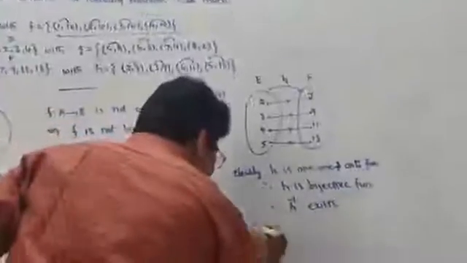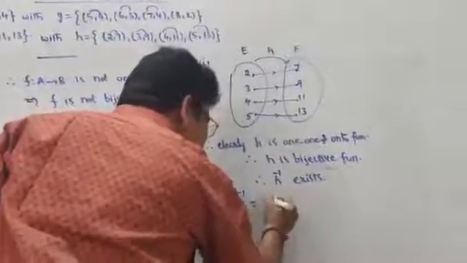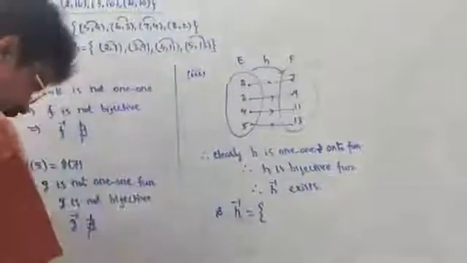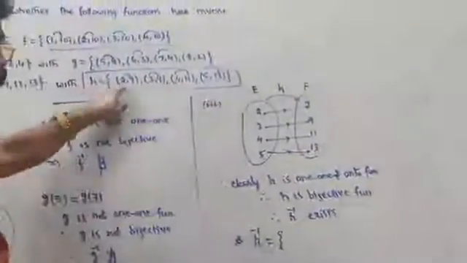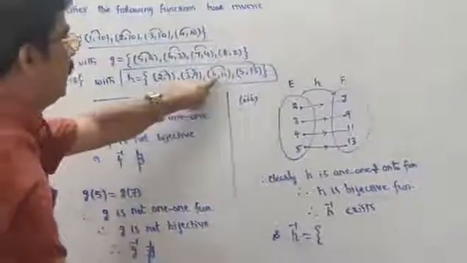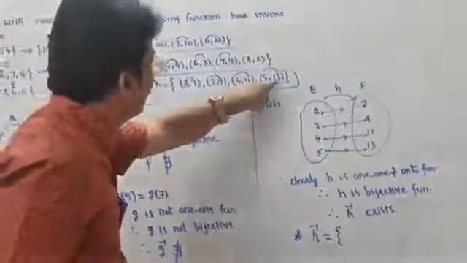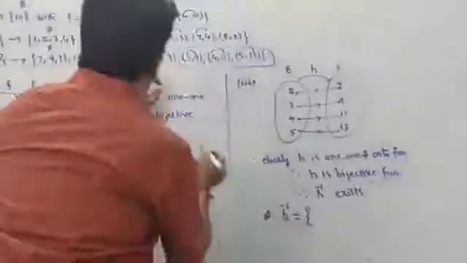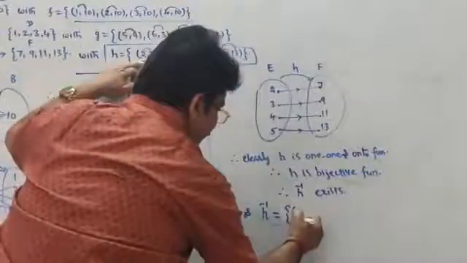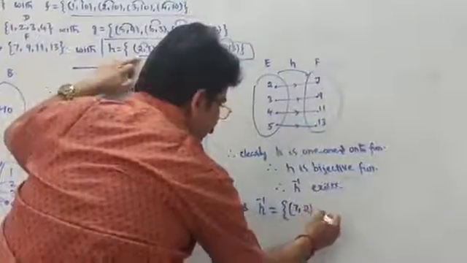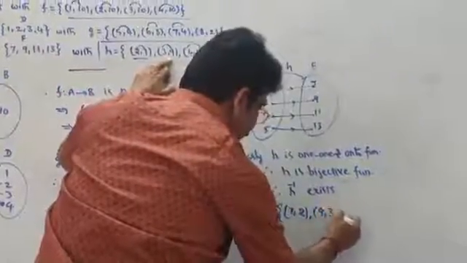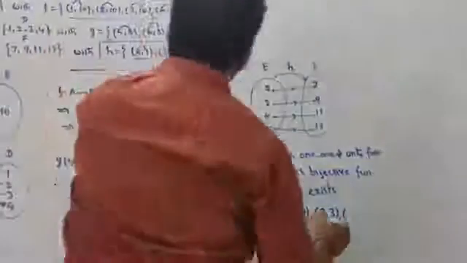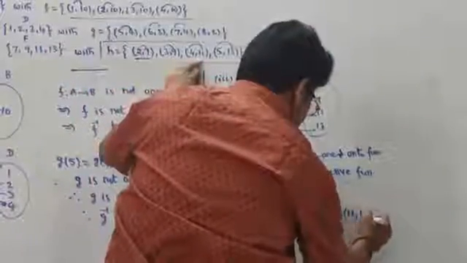And h is given as the set of (2, 7), (3, 9), (4, 11), (5, 13). So h inverse is the reverse: (7, 2), (9, 3), (11, 4).